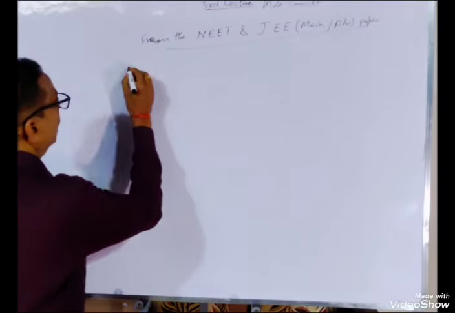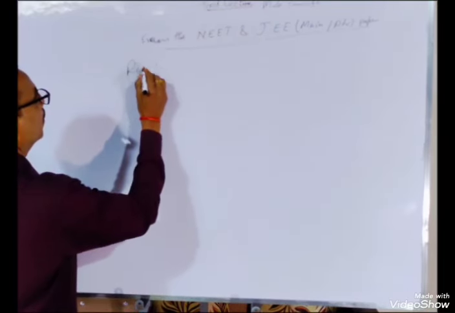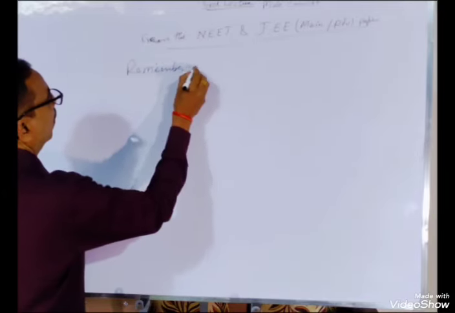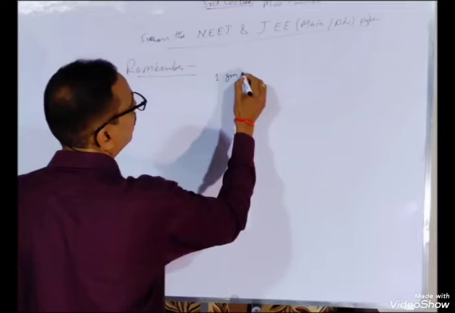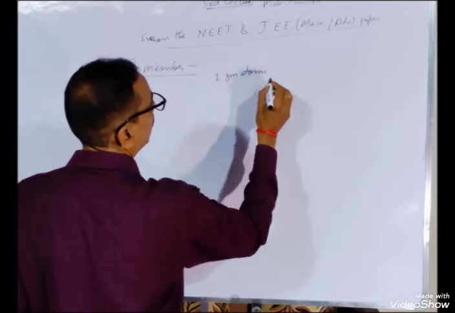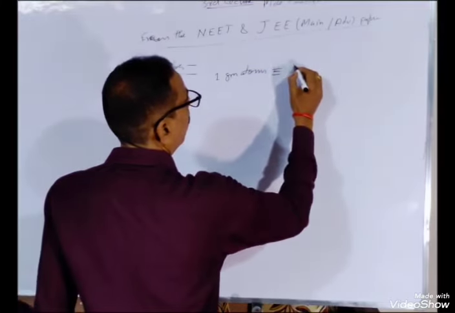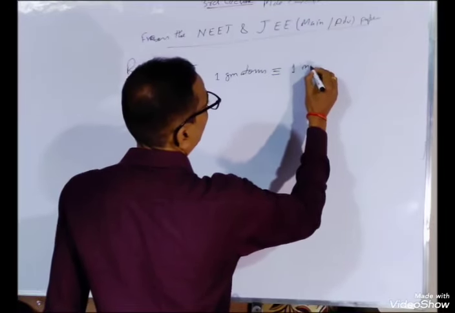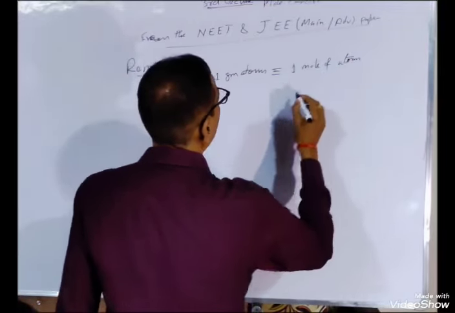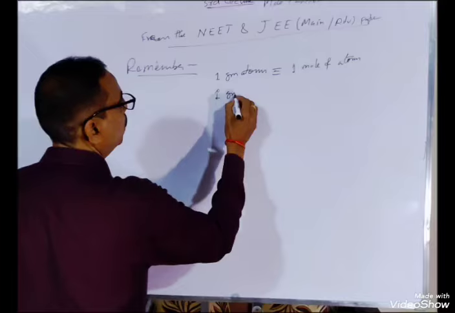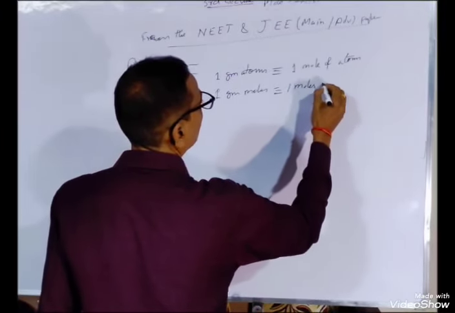One thing to remember: 1 gram atom is also called 1 mole of atoms. 1 gram mole is similarly called 1 mole of molecules.